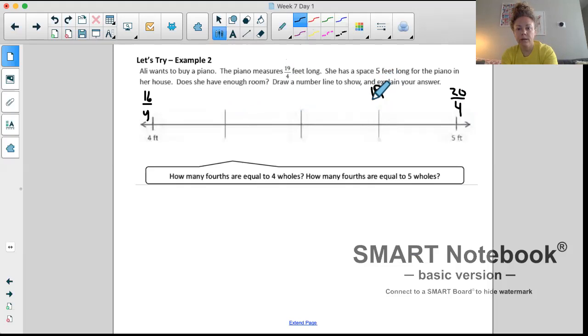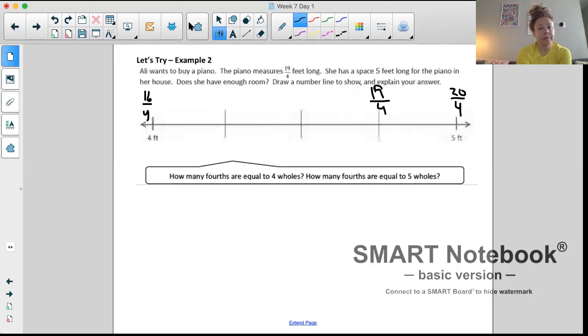Oops. And is that less than or greater than 5 feet? It's less because it's on this side, which is closer to the 0, so it's a smaller amount.